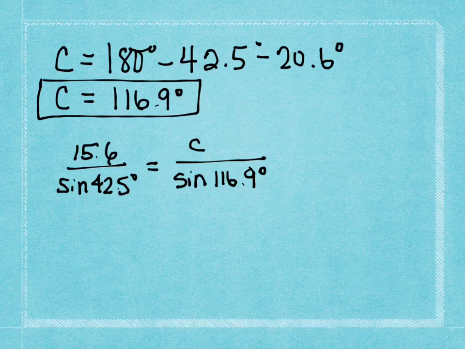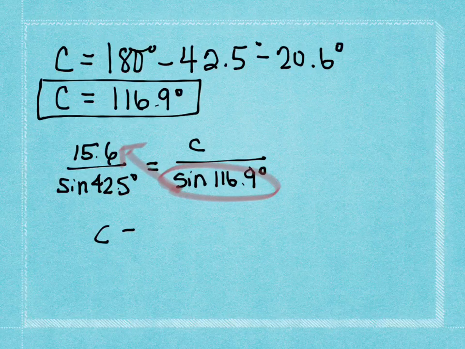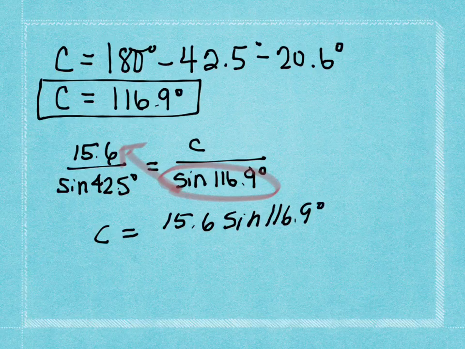You can cross multiply here. We ran into this situation last time, but you can also simply multiply this piece to the other side because then that isolates the C by itself. So C is 15.6 sine of 116.9 degrees over sine of 42.5 degrees.